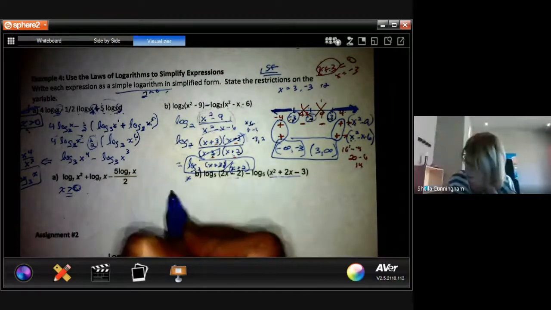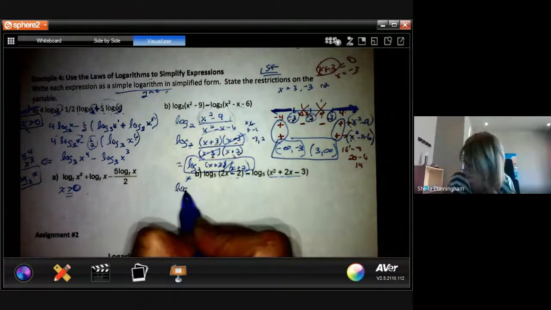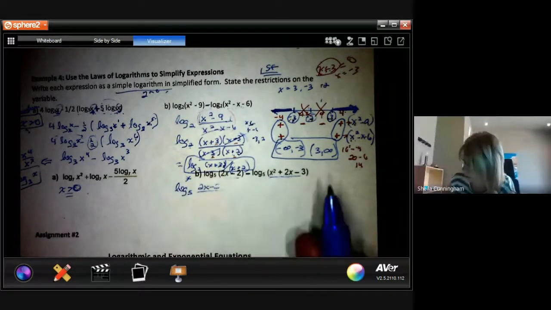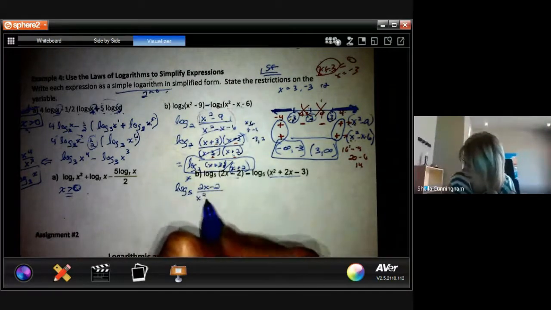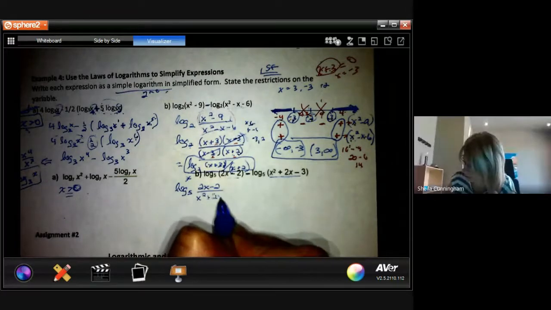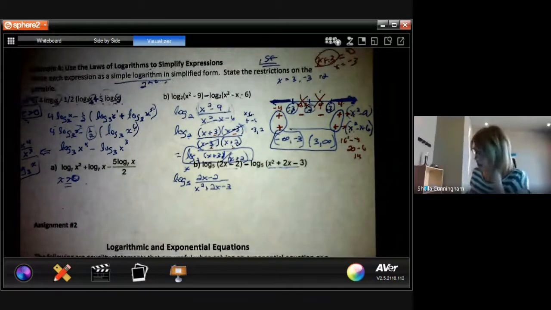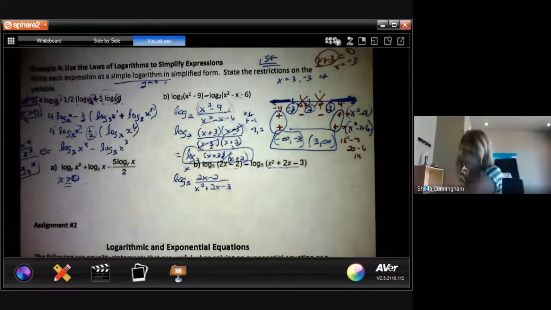So first off, we are subtracting again, right? So if I do log 5, I'm going to have 2x minus 2 on the top, and I'm going to have x squared plus 2x minus 3 in the denominator, because I'm subtracting, so that means I'm dividing.